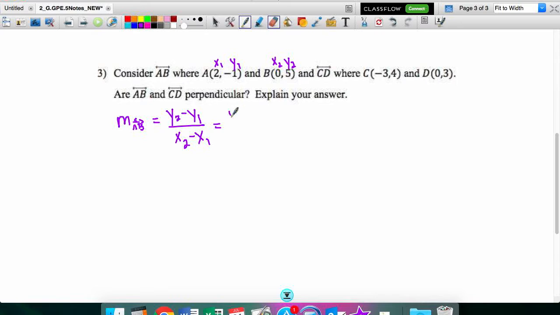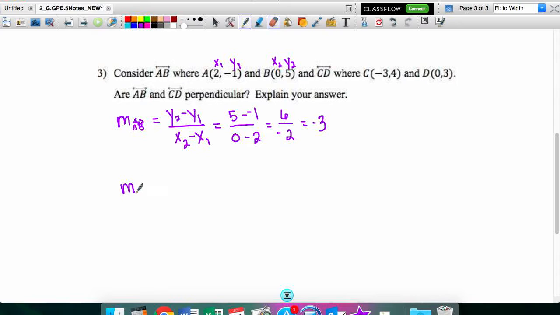Difference of y's would be 5 minus -1 over difference of x's, 0 minus 2. Simplifying, 5 minus a -1 is like 5 plus 1, or 6. 0 minus 2 gives us -2. If we simplify this slope, which you always should simplify, but leave it in fraction form, we get -3.